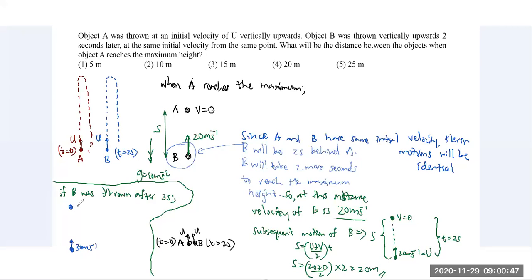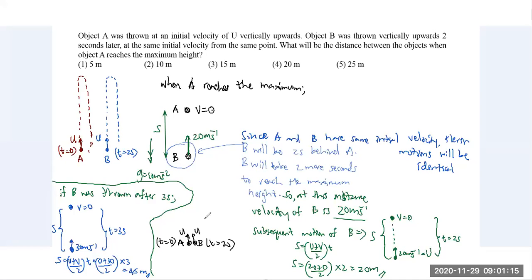And it will take another 3 seconds for B to reach the maximum height. If you are supposed to find S at that time, then S will be equal to (u plus v) over 2, into t, and that will be 0 plus 30 over 2, into 3, and that is 45 meters. Likewise, you can just change this number and you can keep finding the answer.